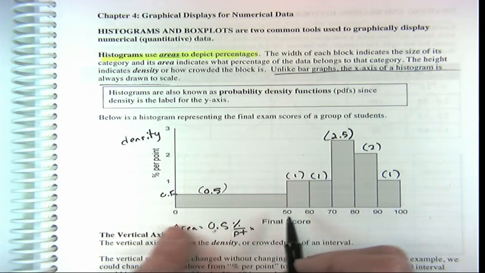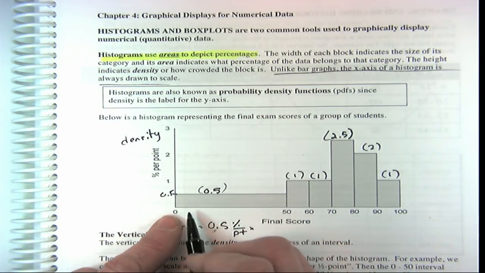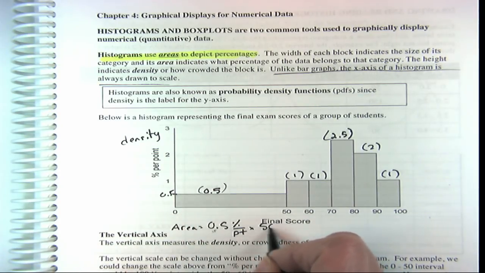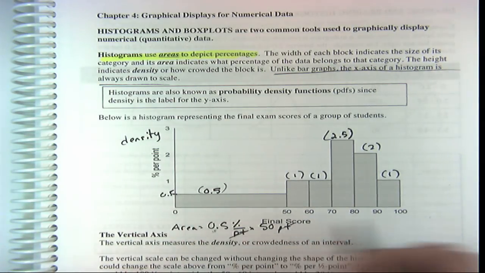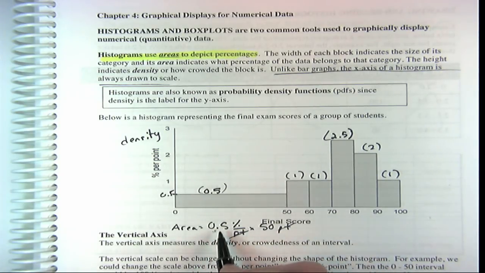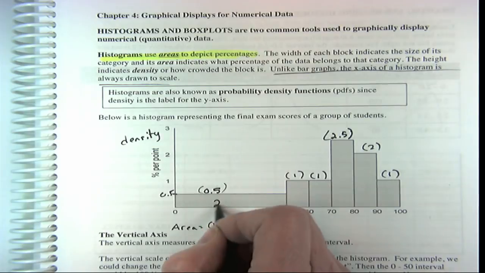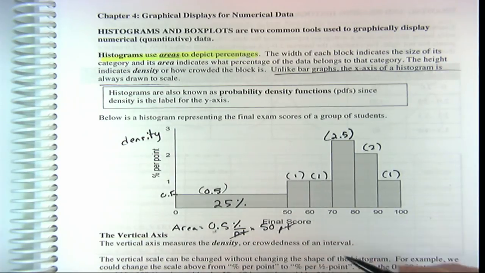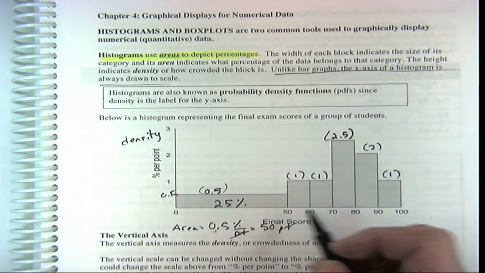The width is 50 minus 0, so 50 points. You can see how the points cancel out, and this is just 0.5 times 50, which is 25%. And you can do all of them the same way. So this is what?